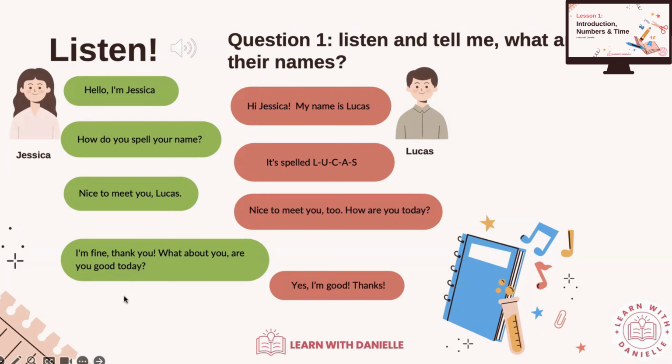Okay, so this is the second time. So from this second time, we pay close attention to how they talk to each other, right? So there are some key steps in their dialogue. First, they greet each other and say their names. For example, hello, I'm Jessica. And if the name is hard to spell, a person can ask, how do you spell your name?